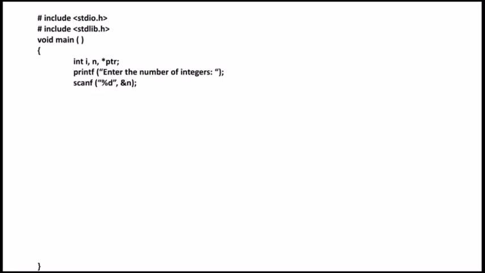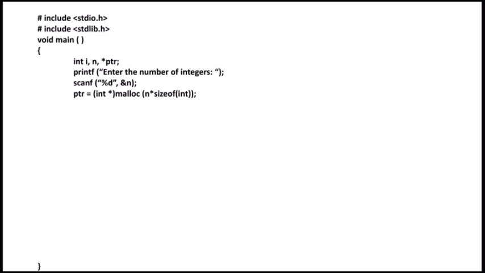Next we have printed one message, enter the number of integers, and in n we are storing that value. So basically we are taking the number of values for which we want to allocate memory. Next, ptr, and in brackets int star, then the malloc function, and in brackets n into sizeof int.